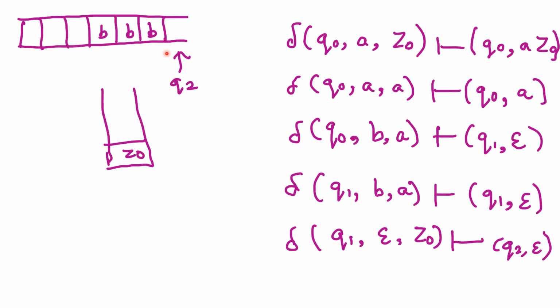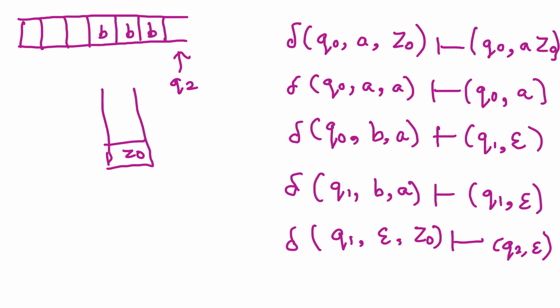Then finally, if you are reaching the empty state and the stack is empty, that is a final Z naught, you can make it as Q2 state, you can change the state also. Otherwise Q1 also no problem, but better we change the state. So Q2 and make it empty.